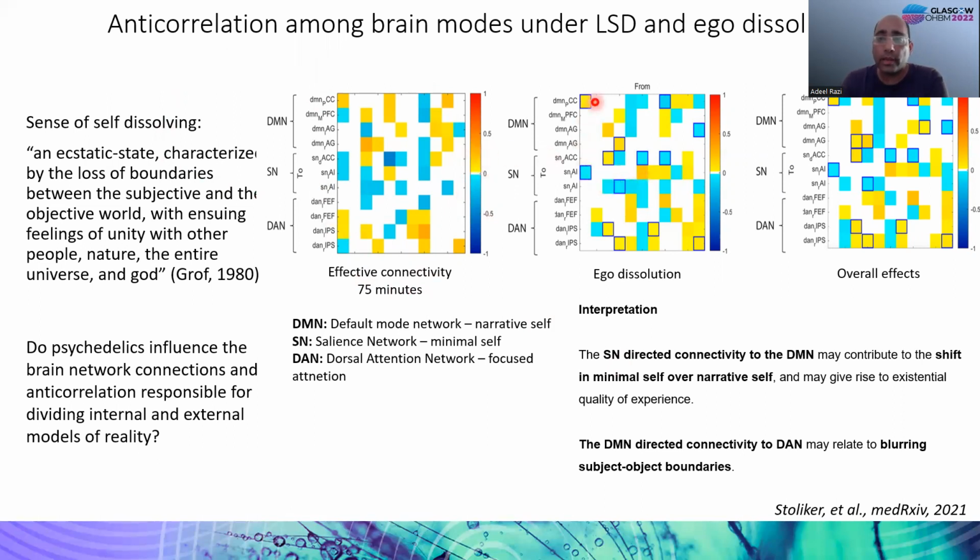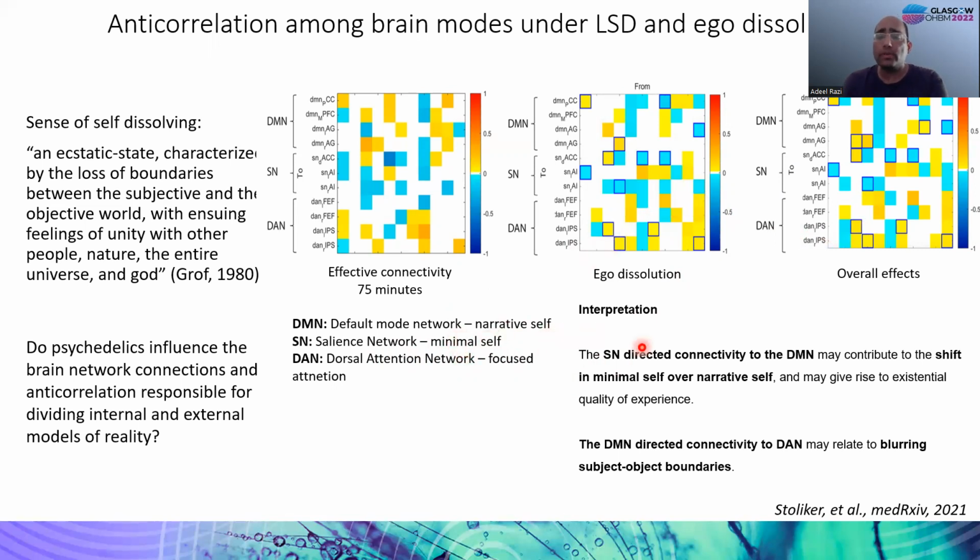We also show here the behavioral association with ego dissolution scores from the 5D-ASC module, which we associated with the effective connectivity. What we show here is that the salience network connectivity may contribute to the shift in the minimal self, which is basically an interpretation that we attach to the salience network, and we also see a shift in the narrative self, which we associate with the default mode network.